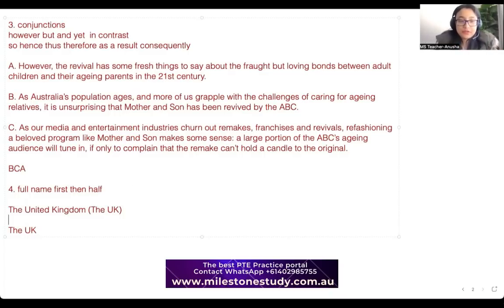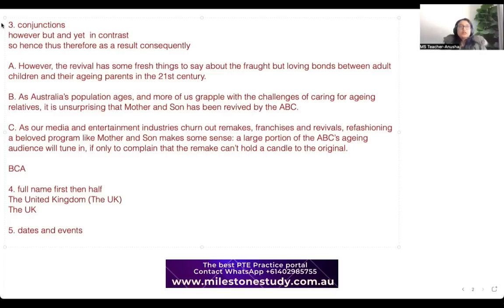Now, after this rule, let's look at dates and events. This is also called chronological order. And it mostly happens with events of life.